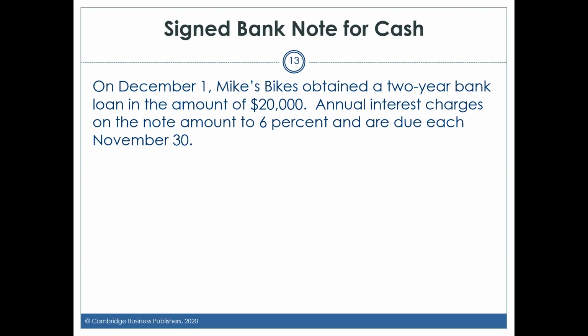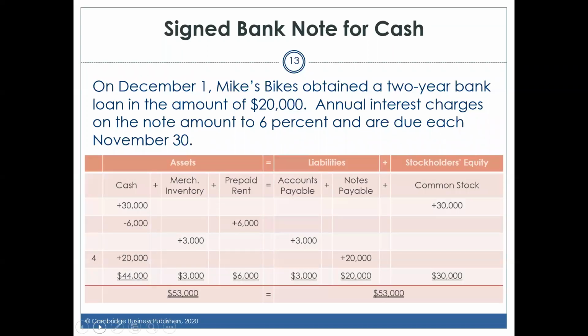So what accounts are involved? Cash. Mike's Bikes gets $20,000 from the bank. And the other account is a liability. It's called a note payable. So note payable goes up by 20,000 right here.